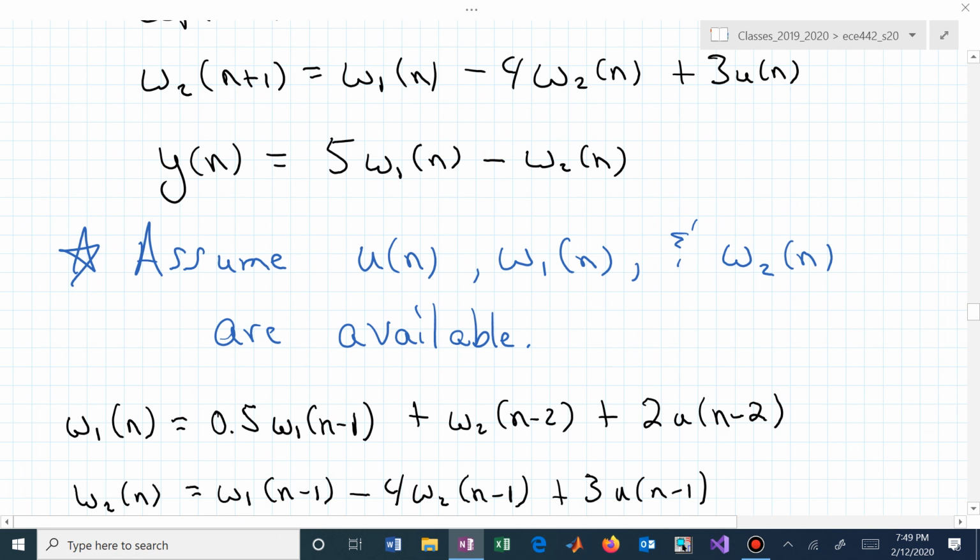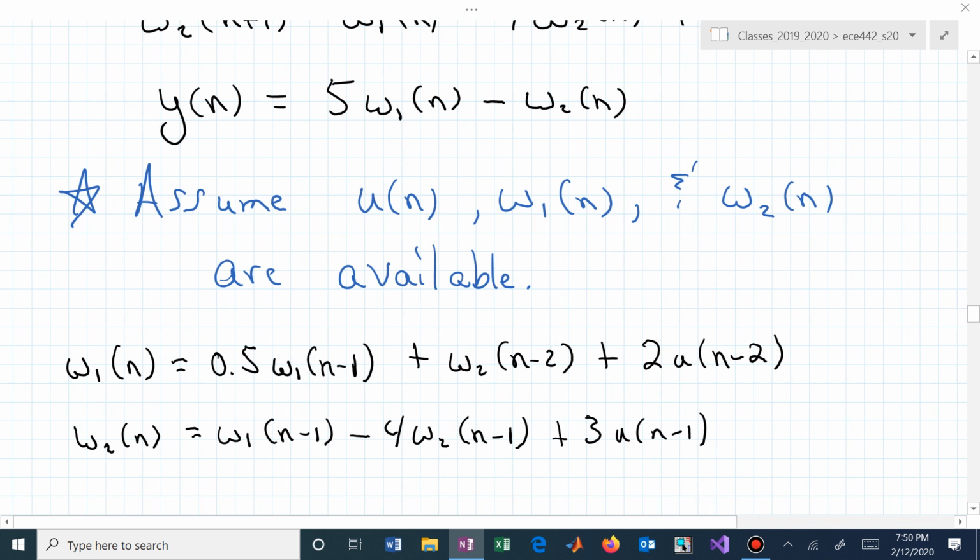I've simply rewritten those first two equations in terms of the highest argument being n, and I've put that highest argument on the left. I could give you a difference equation with terms on the left and the right. Now what I'm saying is solve for the highest index, put that on the left, and then rewrite it as n for your highest index.